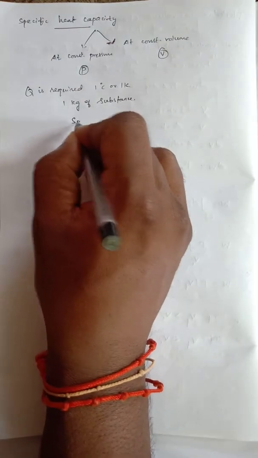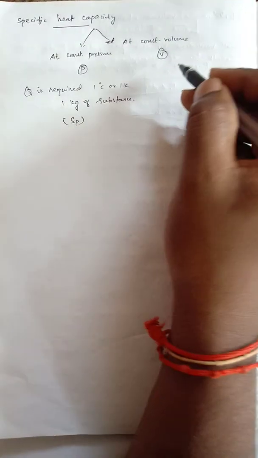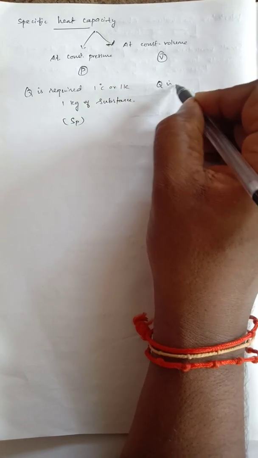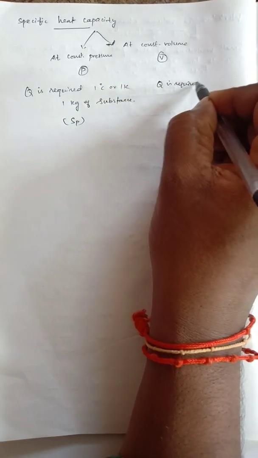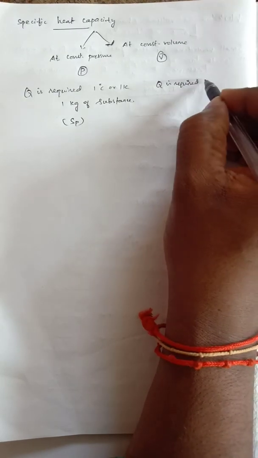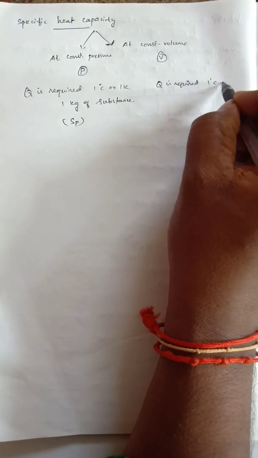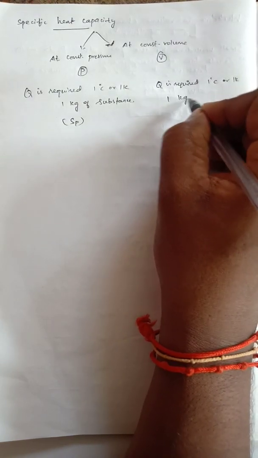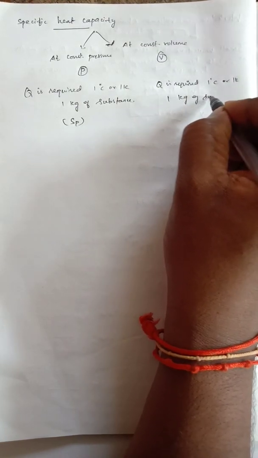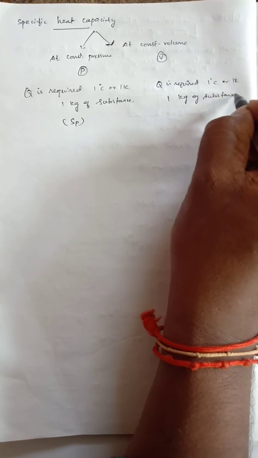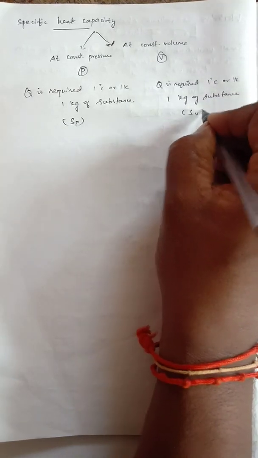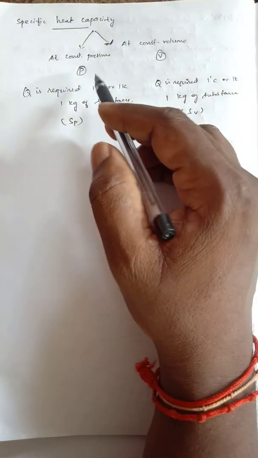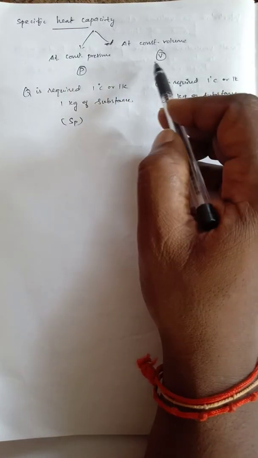The symbol is Sp. At constant volume, the amount of energy required to raise the temperature of 1 kg of substance by 1 degree Celsius or 1 Kelvin is called Sv.